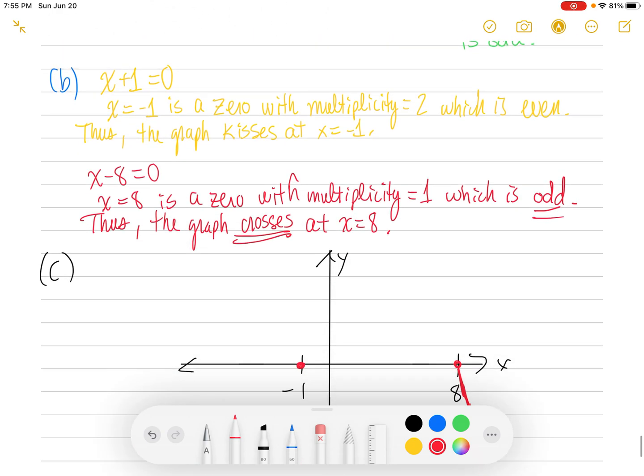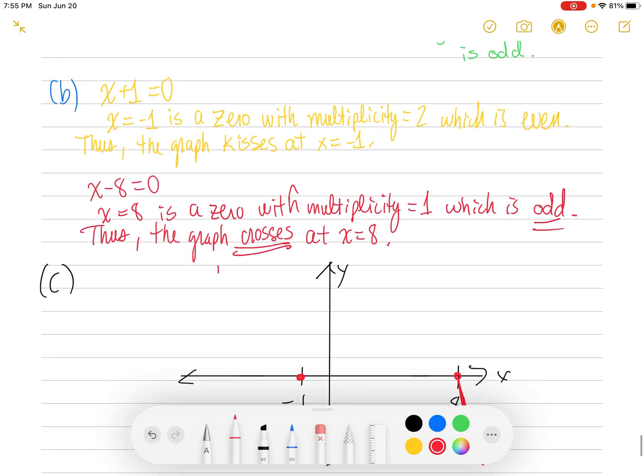Okay, now the left side. As x goes to negative infinity, y goes to positive infinity. So y goes up on the left side. So on the left side, we have an arrow going up, and that's going to have to connect to what? -1. Okay, now what else can we do here? So at -1, we know we're kissing, right? So the graph kisses at -1. So we're going to bounce off of -1.